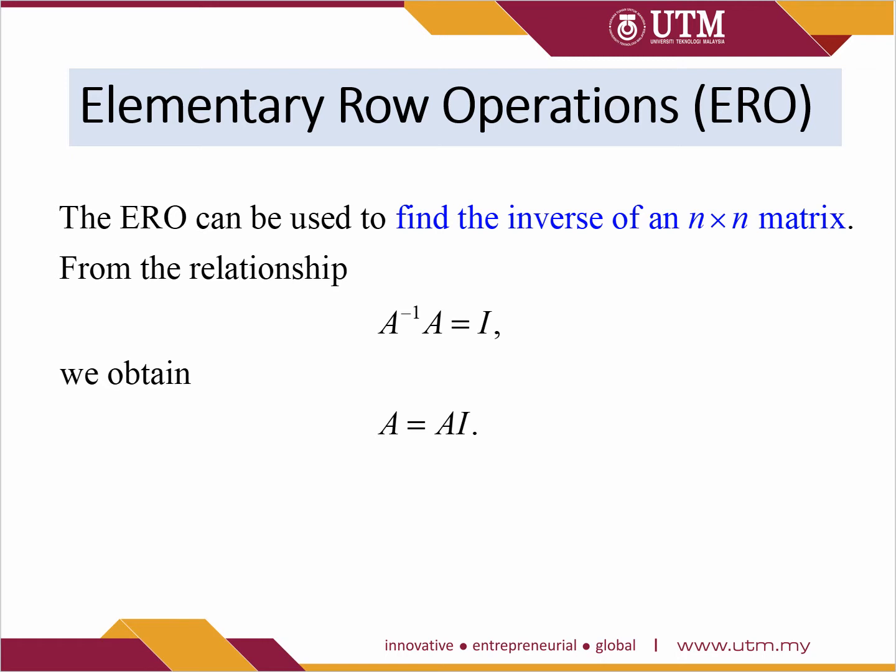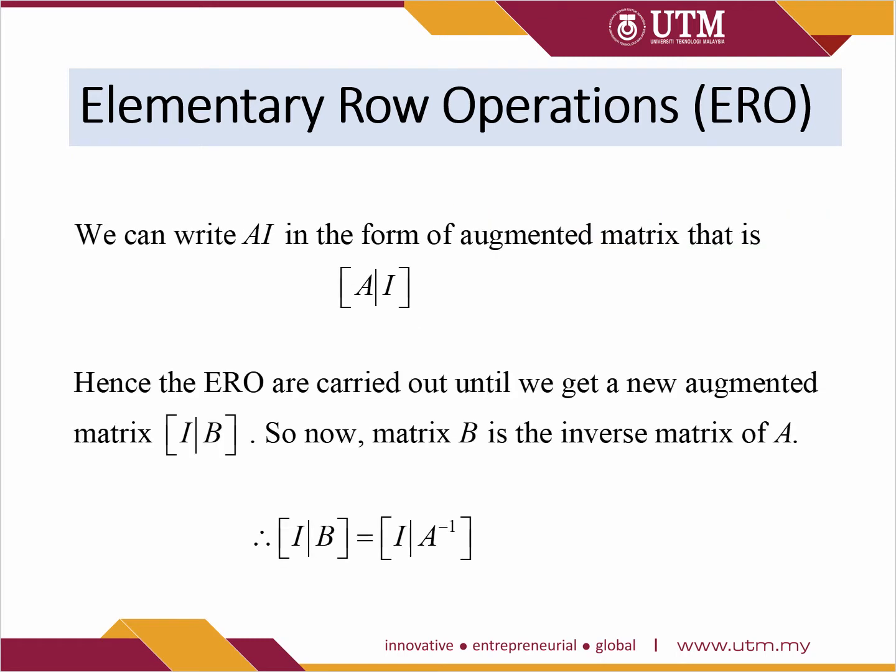So from here, if we bring this inverse matrix of A to the right side, this will be the inverse of the inverse matrix A. So finally we will get A is equal to A times the identity matrix. So what we want to do is write our multiplication AI, where A is equal to AI from the previous equation just now.